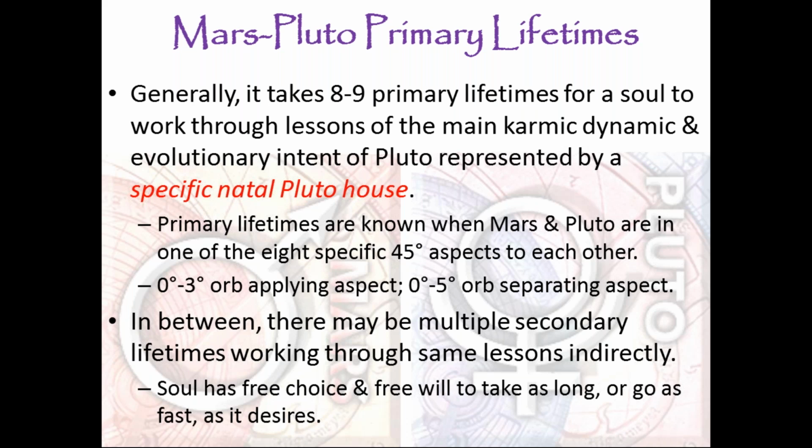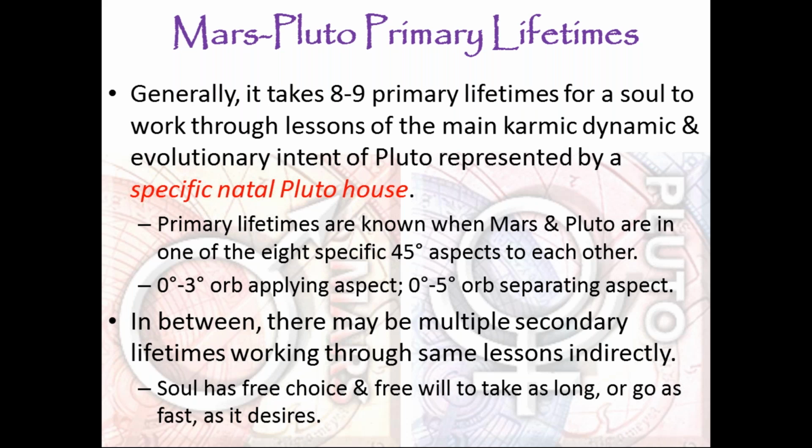Now, those primary lifetimes are known when Mars and Pluto are in one of the 8 specific 45-degree aspects to each other. For me personally, if I'm looking at an applying aspect, less than one of the 45-degree points, I use anywhere from 3 to 0 degree orb of aspect.